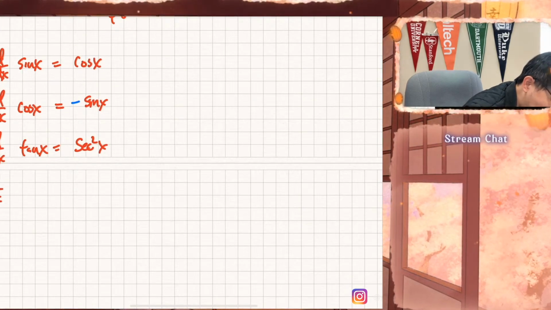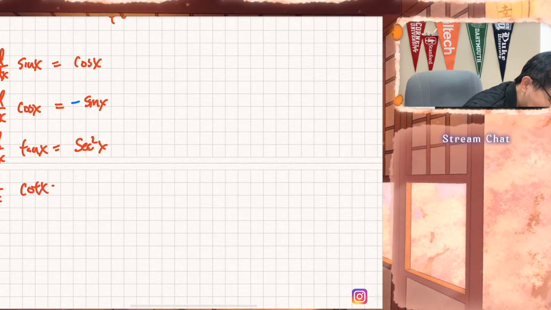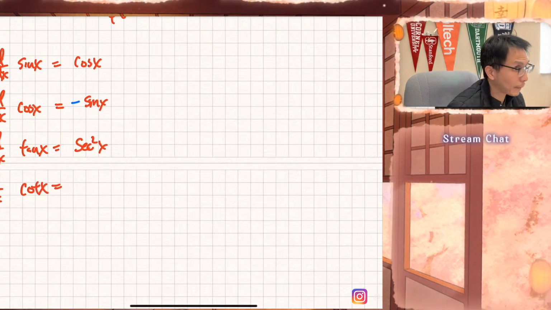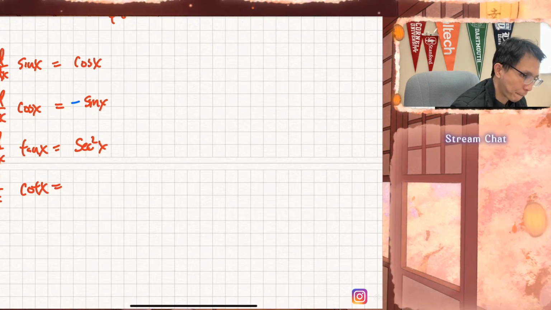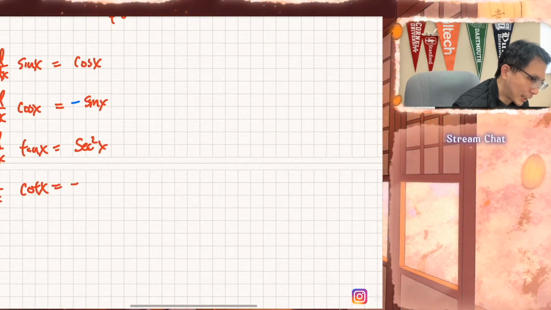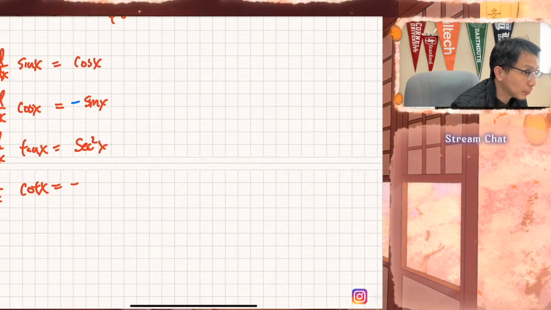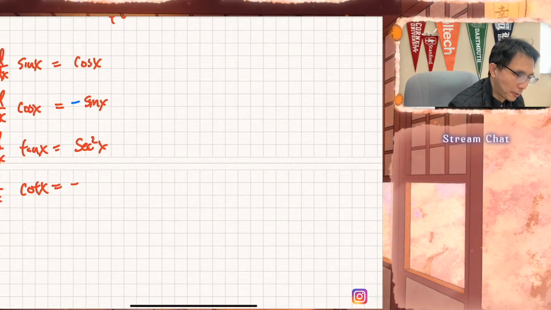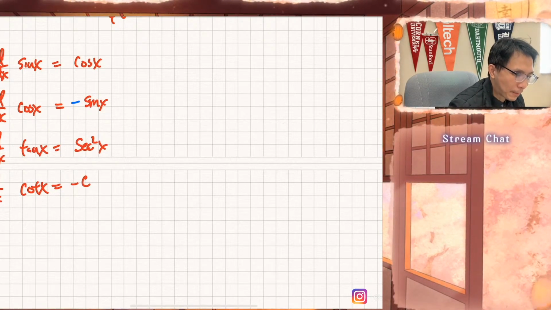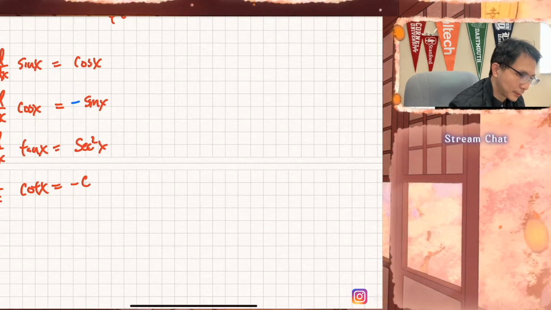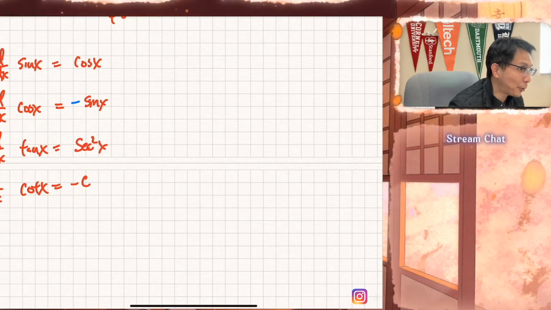What's the derivative of cotangent of x? Negative. Secant times tangent. No, cosecant times tangent. No. Negative cosecant. You guys are horrible.